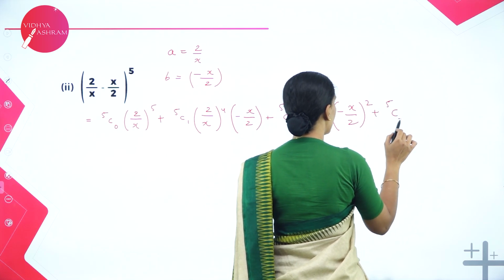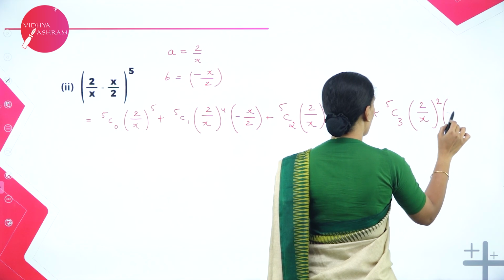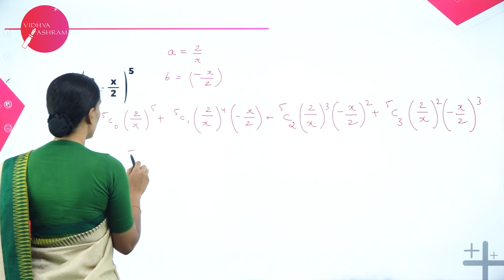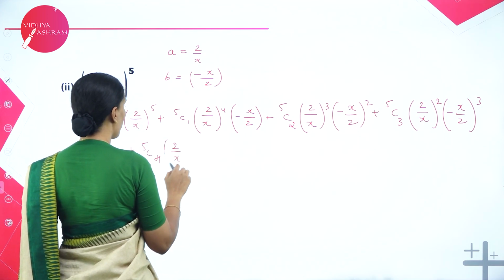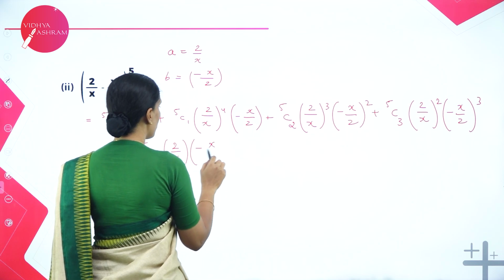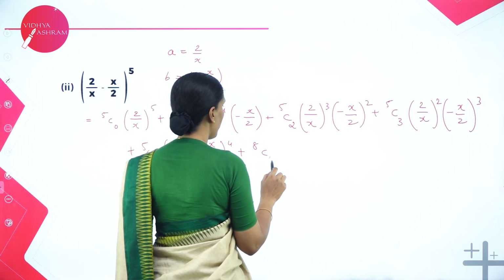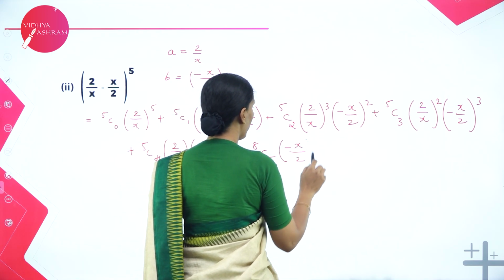Next, 5c3 (2/x)^2 (-x/2)^3. Next, we have 5c4 (2/x) (-x/2)^4 plus 5c5 (-x/2)^5.